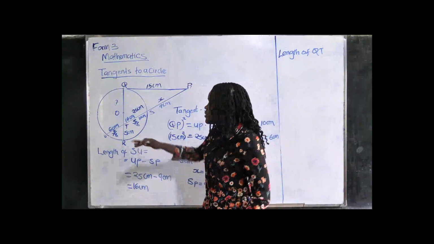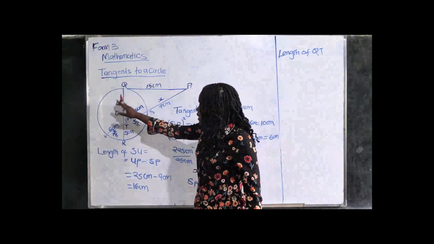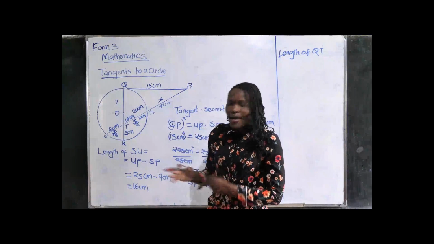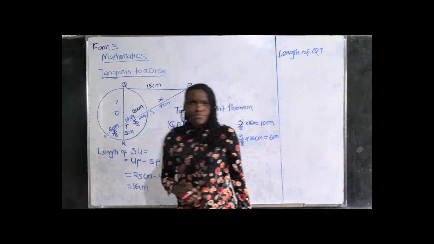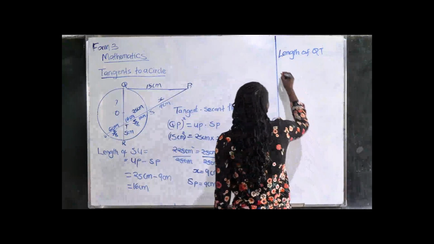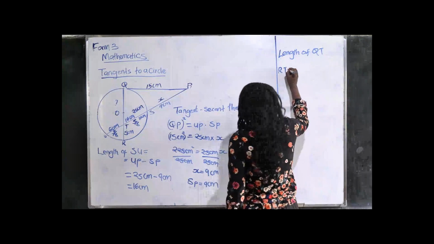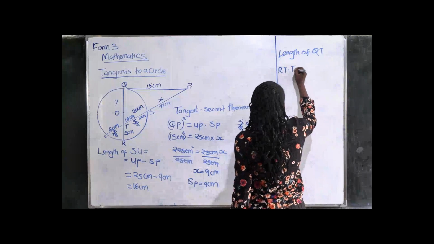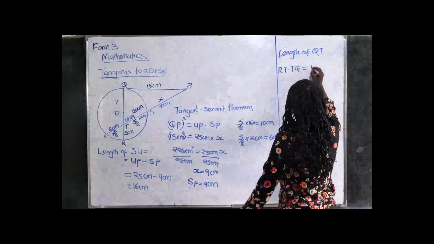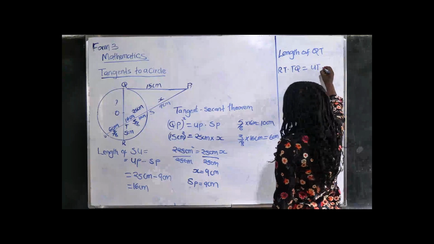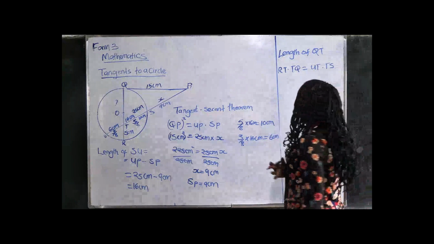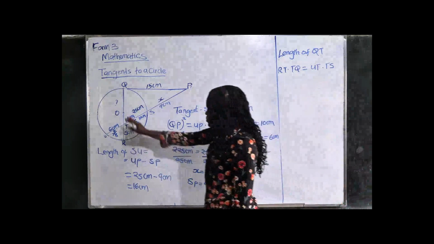The property says that if you multiply this line and this, it should be equal to this line and this, because they are intersecting at point T. So we know that RT times TQ is equal to UT times TS.